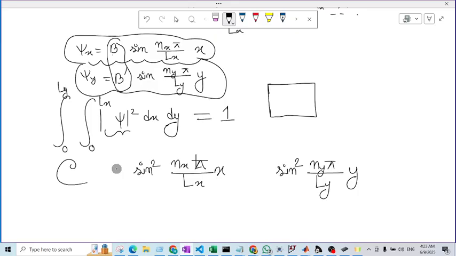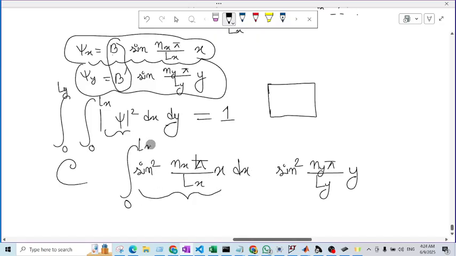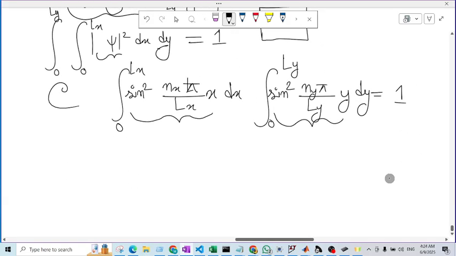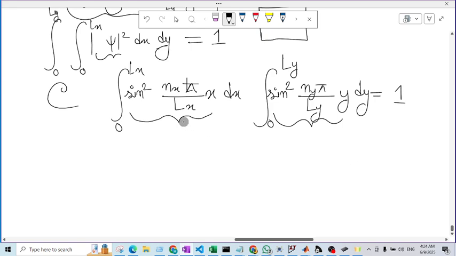Okay, so as this term is only a function of x, I will integrate this with x, and again as this term is only a function of y, I will integrate this term with y, and this will be equal to 1. So this is a basic integration.